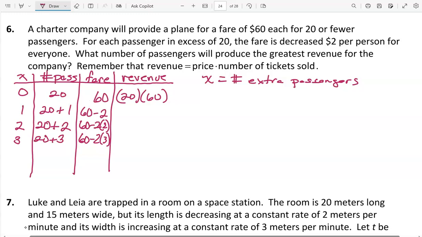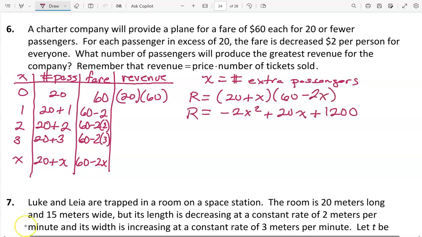So our number of passengers is 20 plus x, and the fare is 60 minus 2 times x. That makes our revenue equal to the product of those two things, 20 plus x times 60 minus 2x.